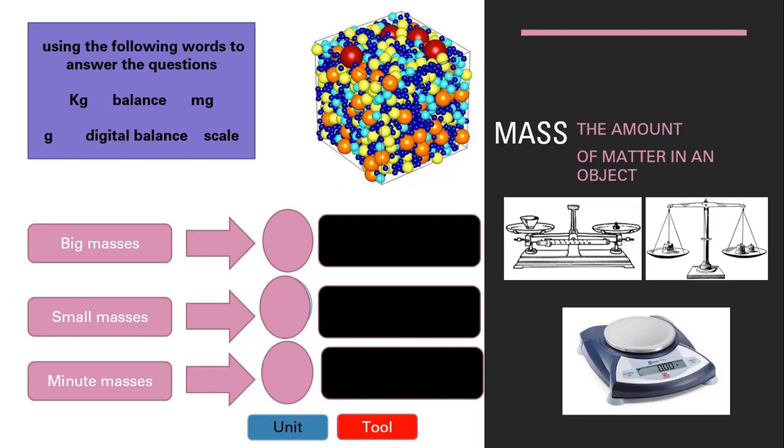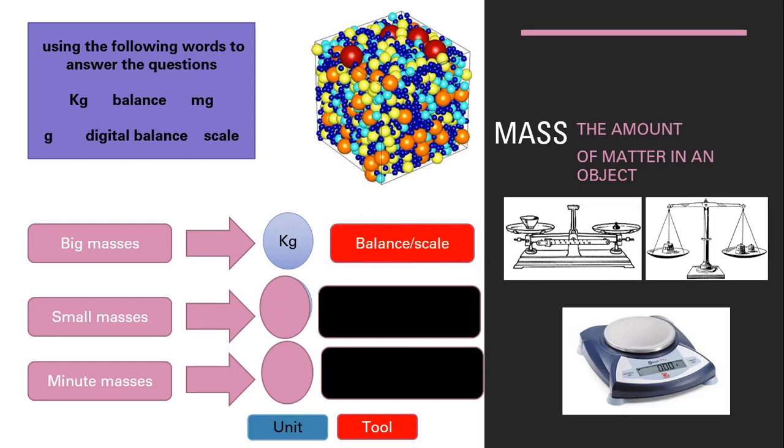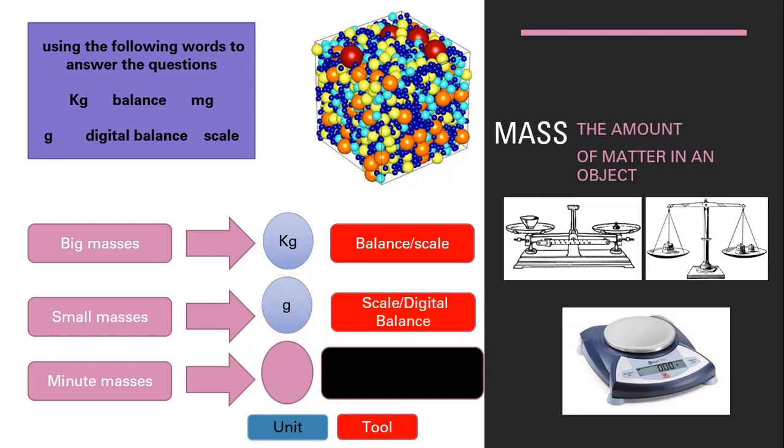Big masses are usually measured in kilograms or tons, and we usually measure them by using the balance. Now the small masses, the unit is the gram, while we use the digital balance or even the normal balance.